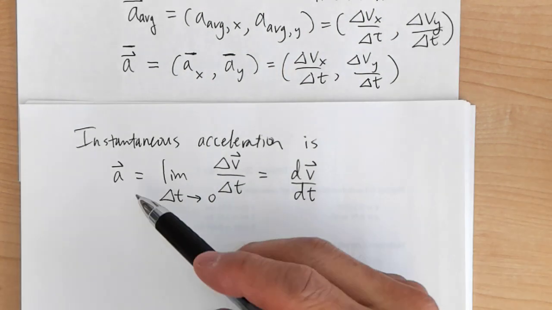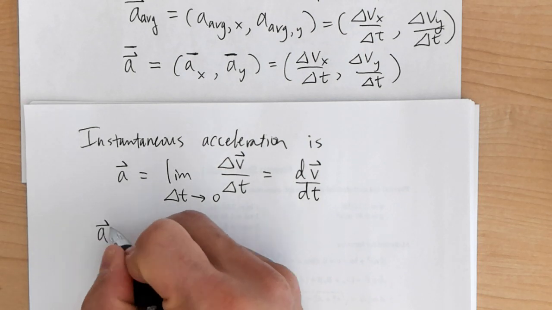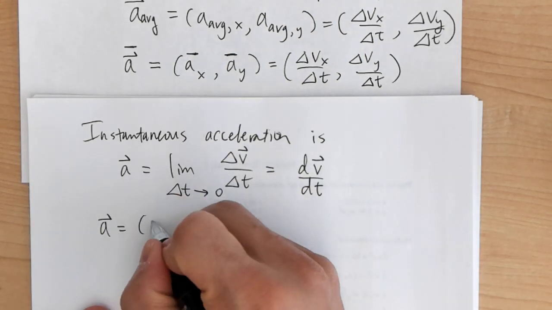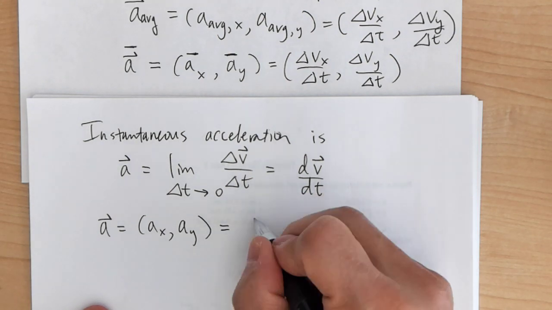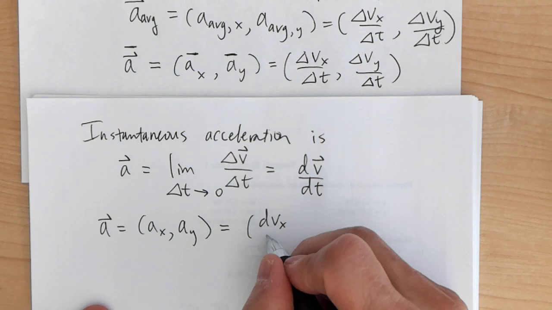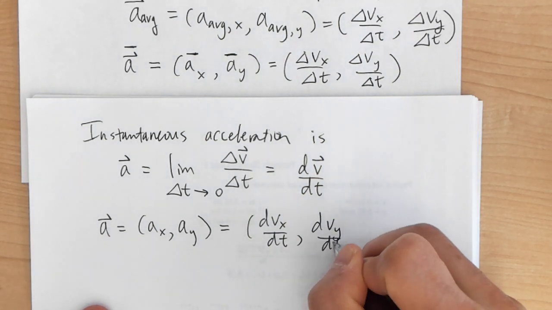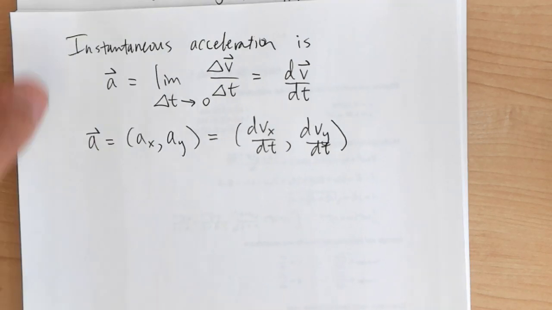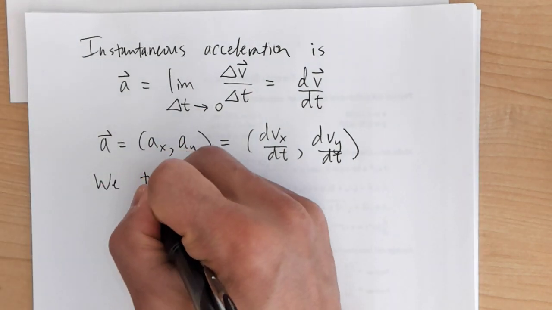What this means in terms of components is just that a has components ax and ay, which are dVx by dt and dVy by dt. So we just treat each component separately.